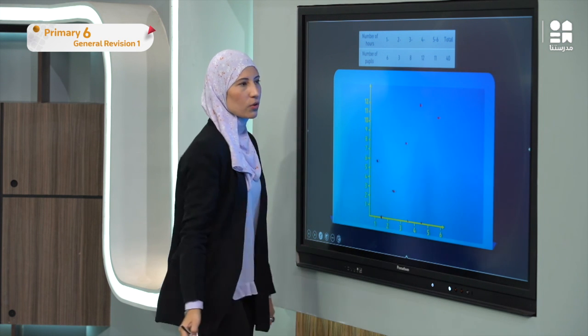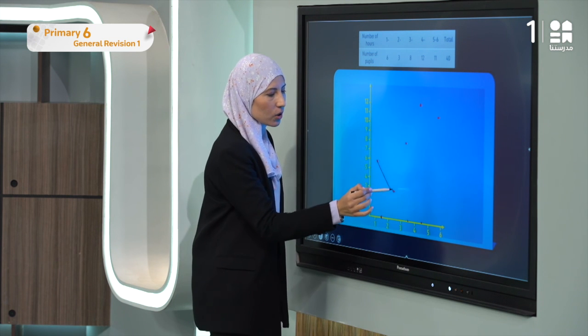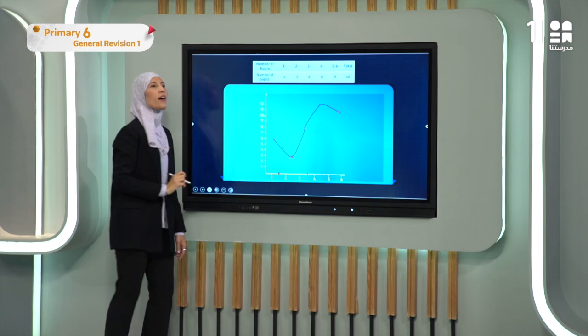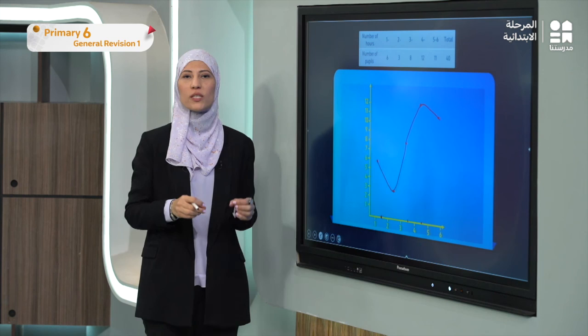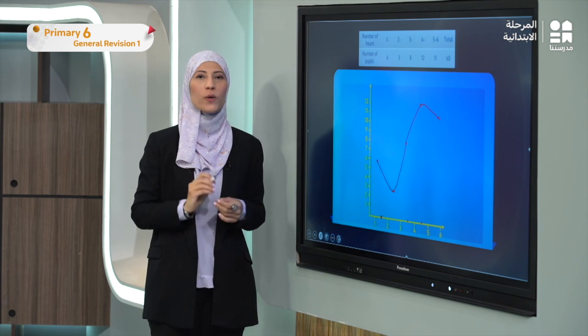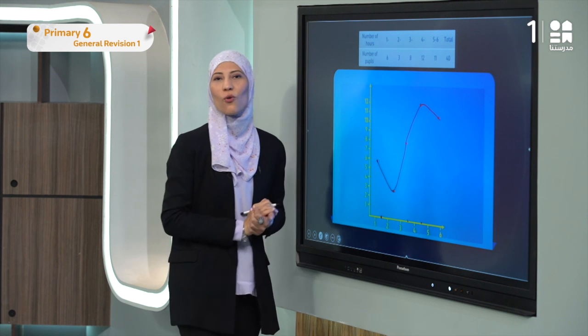I will put another dot. After putting my dots, I will draw my curve by hand. This way I finish drawing the frequency curve. Note that a frequency curve means you do it by hand, while for a frequency polygon you use your ruler to join your dots.